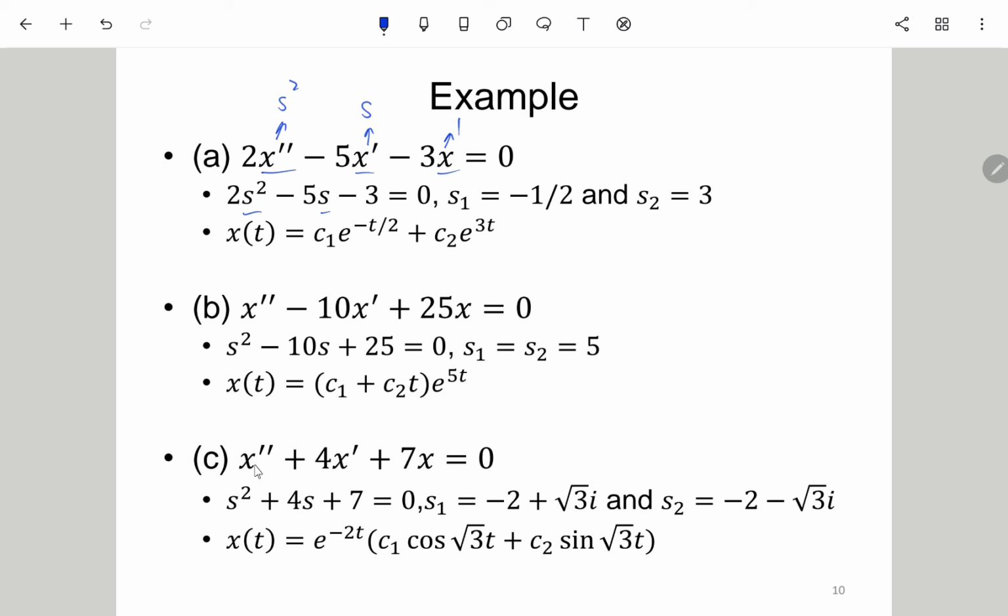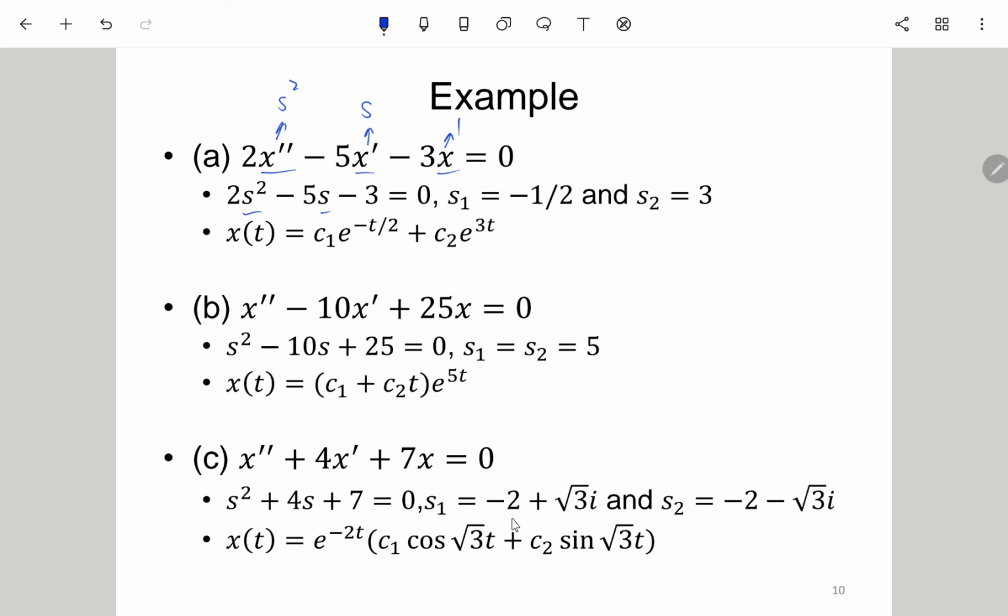And then for the third case, x double prime plus 4x prime plus 7x equals 0. Here we have s squared plus 4s plus 7 equals 0, so s is negative 2 plus or minus square root of 3 i, or square root of 3 j.